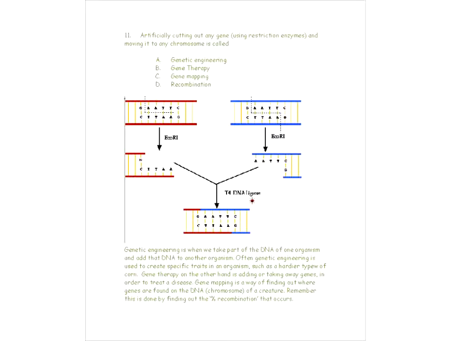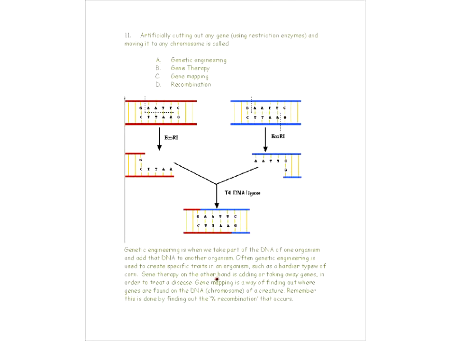One of the main applications for genetic engineering today is in agriculture, where we're breeding new types of corn or new kinds of animals that are more hardy, that sort of thing. So genetic engineering is when we take one part of the DNA of one organism and add it to the DNA of another organism. So that's one process we're looking at.